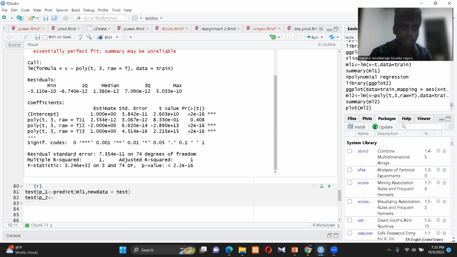Let's do the same for the second model as well.